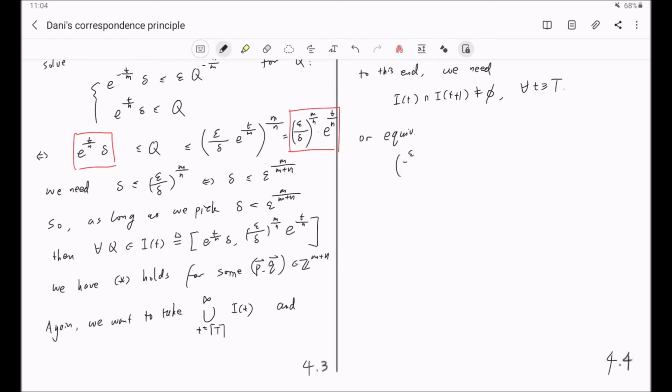Specifically, this means this guy is greater or equal to this, the left end of I of t plus 1.